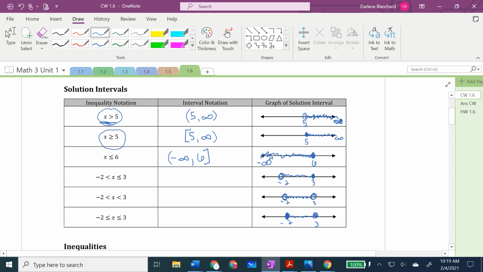And when you express the interval notation of this number, it has to be the left edge, comma, the right edge, and then round if it's not equal to, square if it is equal to.